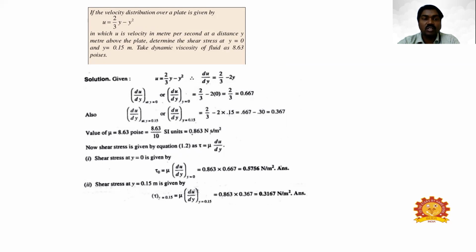Now the shear stress for 0.15 meter: tau equals mu du by dy for 0.15. Substituting the values, 0.863 into 0.367 equals 0.3167 Newton per meter square.